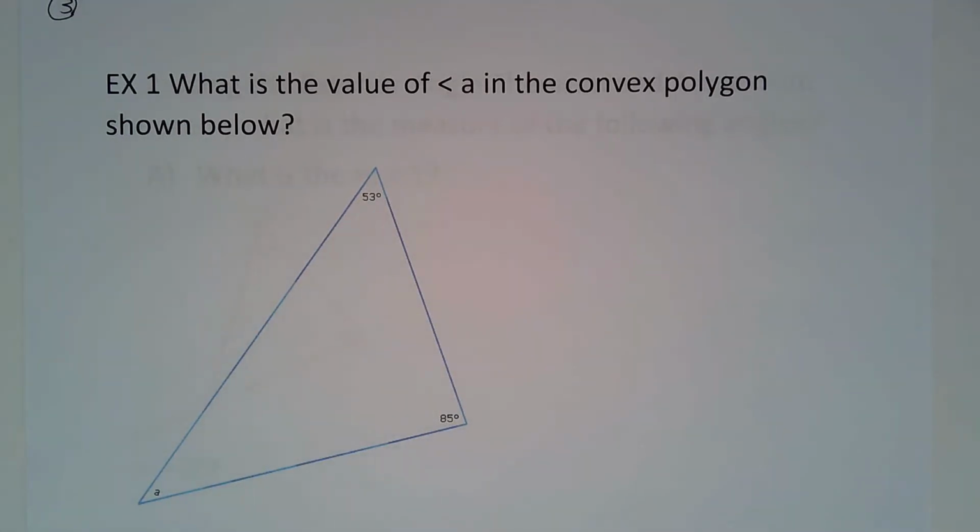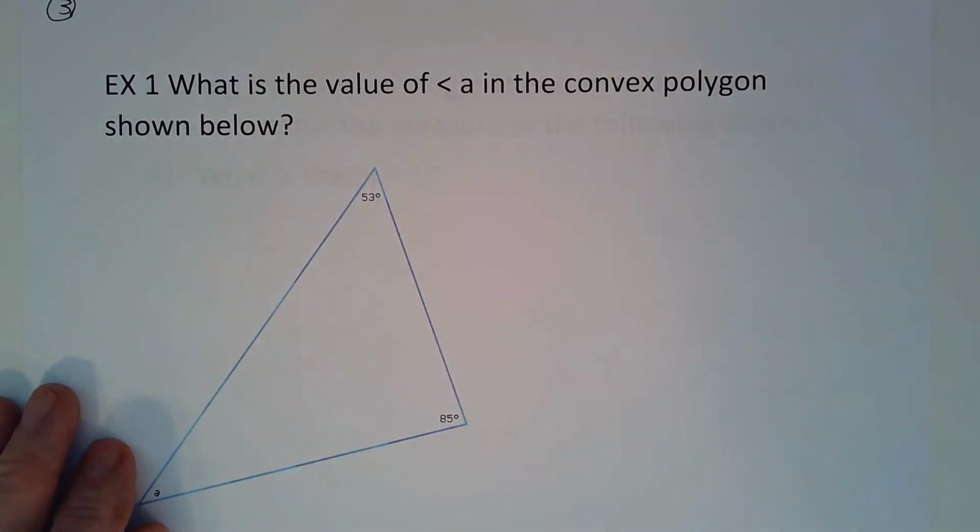Since this convex polygon is a triangle, we know that the measure of its interior angles is 180 degrees. So we're going to set the sum of the interior angles of the triangle equal to 180 degrees.